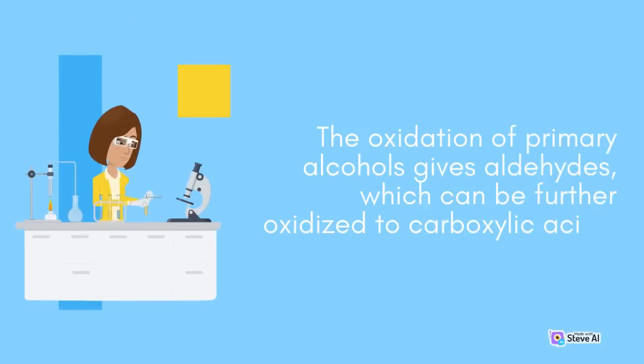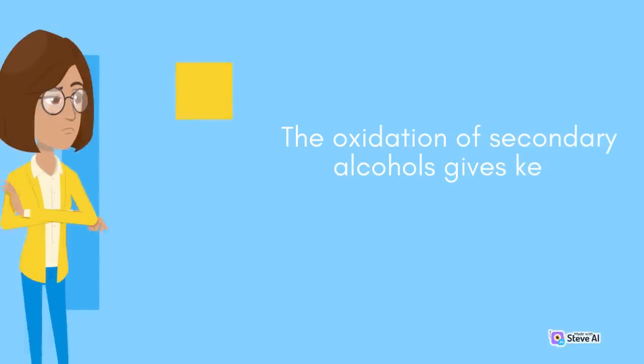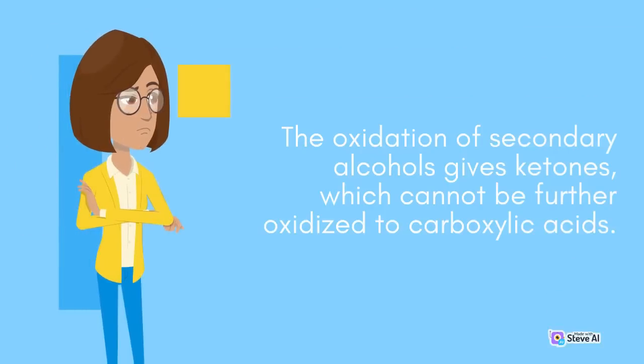The oxidation of primary alcohols gives aldehydes, which can be further oxidized to carboxylic acids. The oxidation of secondary alcohols gives ketones, which cannot be further oxidized to carboxylic acids.